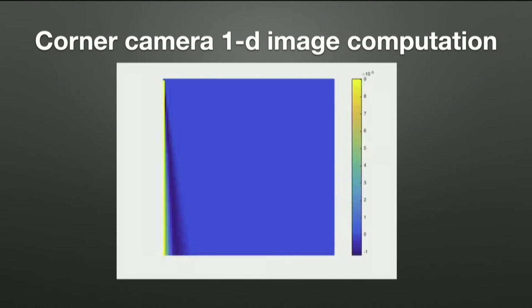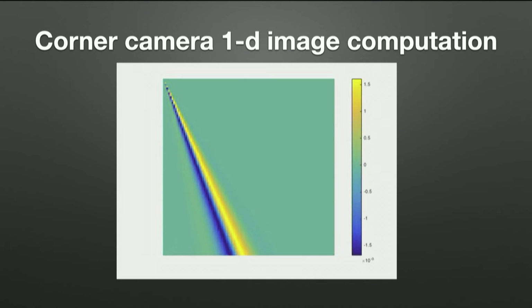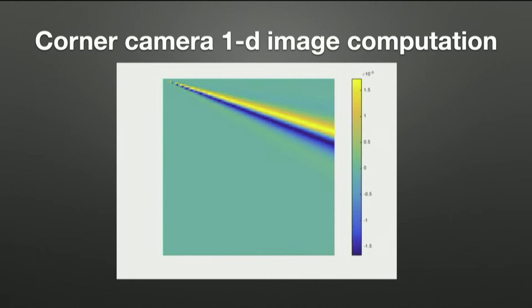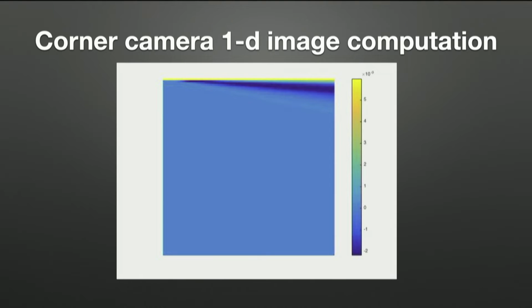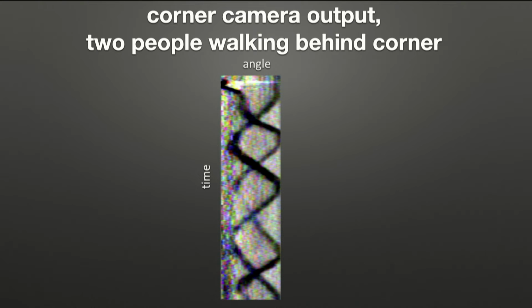Here are the pixels we should take averages over, these little pie-shaped things. The yellow you take positive, the blue you take negative, and you add them all together, and you can achieve this 1 part in 1,000 intensity resolution. And here's what you get. You get a one-dimensional picture of what's around the corner.